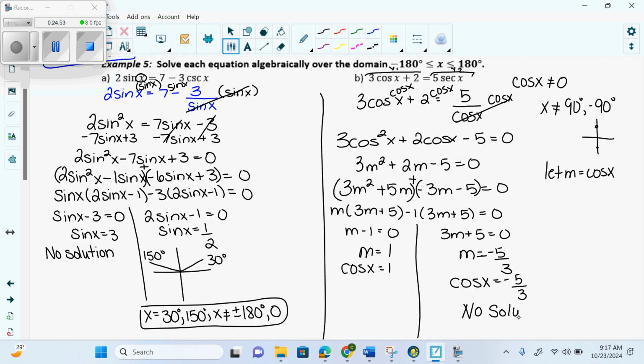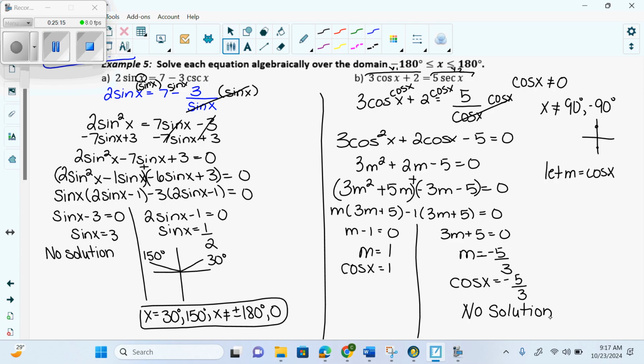No solution. Remember, it can't be below negative 1 and it can't be above 1. Which two trig ratios does that only work with? Sine and cos. Cosecant, cotan, and tan, it doesn't work with.